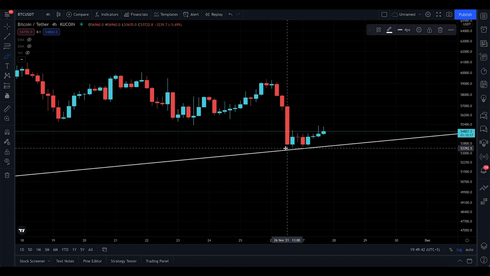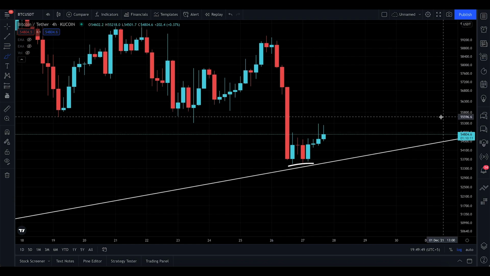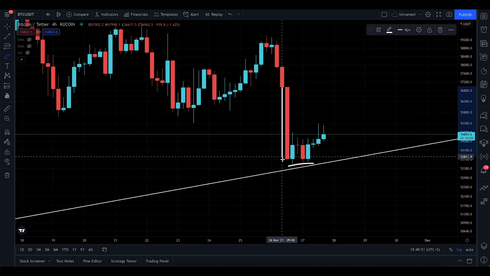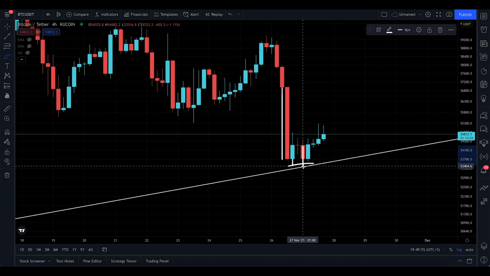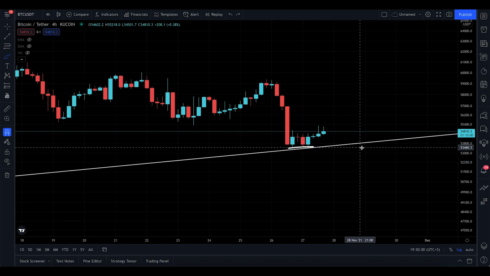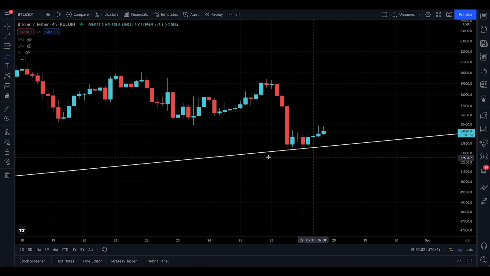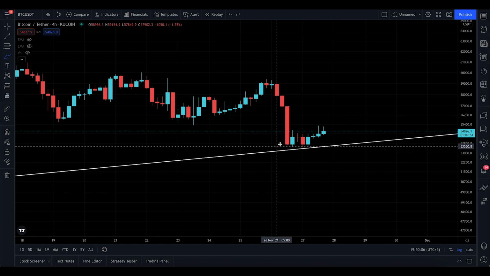Because by the end of the day we did come a little bit lower than this red candle. Yeah, if you zoom in, it was a big large red candle. The next candle did go down, this one did go down. So does that mean that this one cancels everything? It could be so, and we could potentially mark this as the end of the correction.